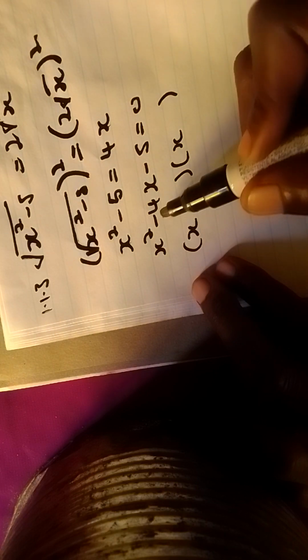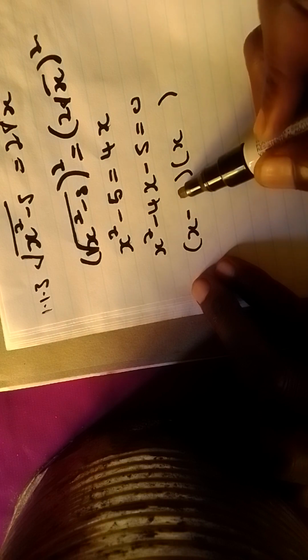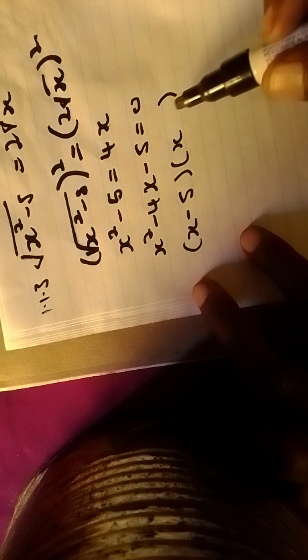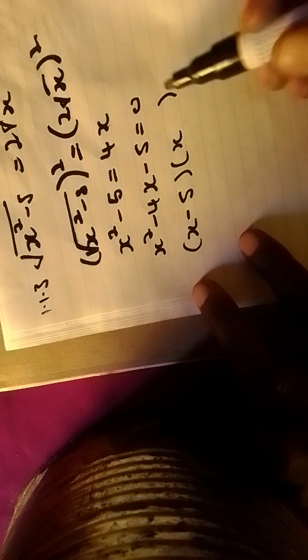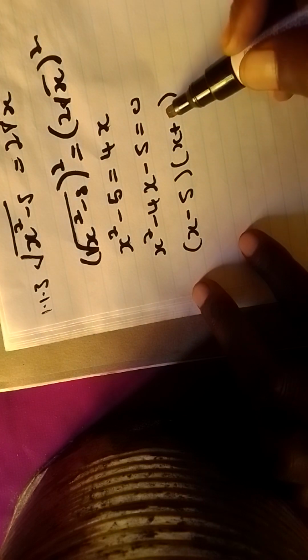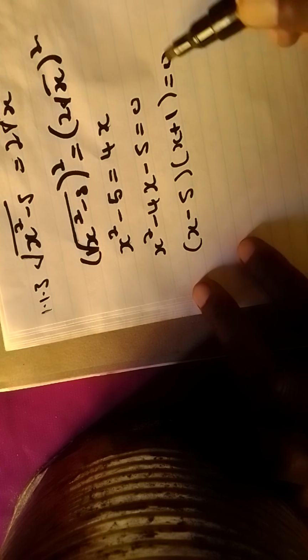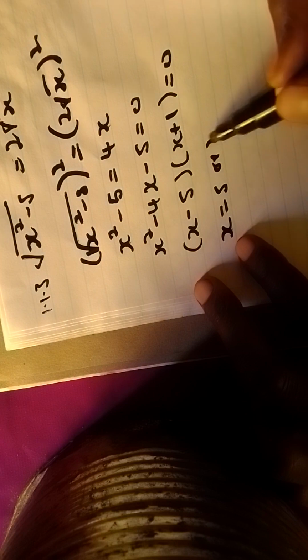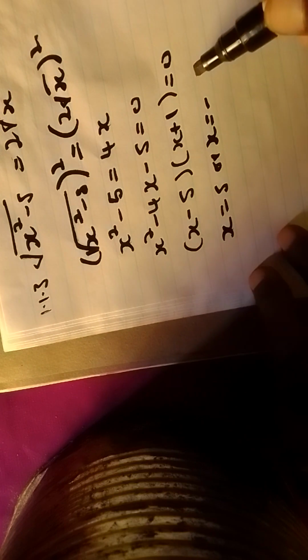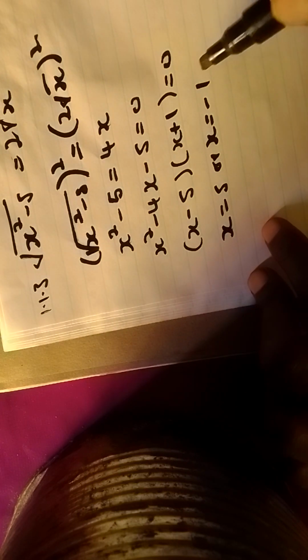Now we know that here the bigger number goes with the negative sign, which is going to be 5. The number that, when we subtract from 5 gives us negative 4, is positive 1, is equal to 0. x is equal to 5 or x is equal to negative 1.